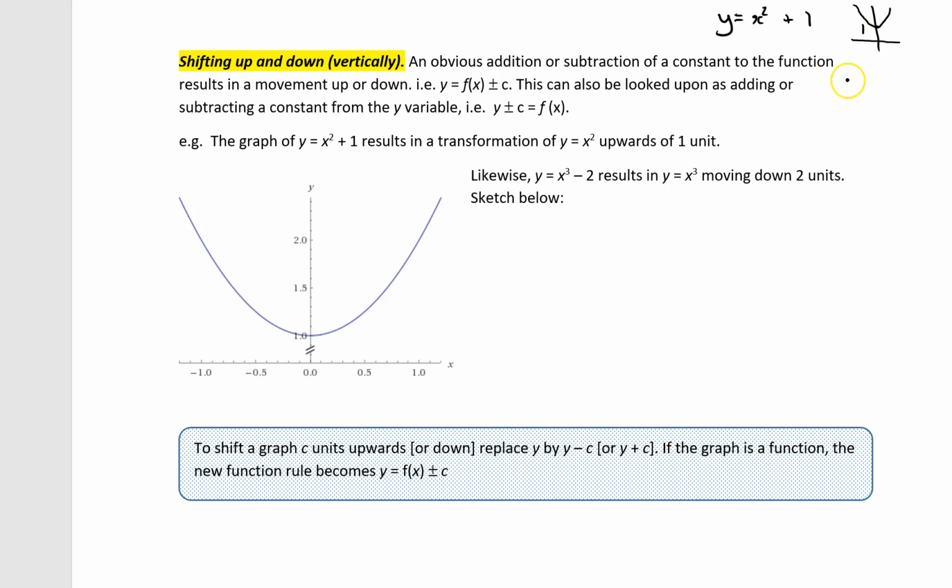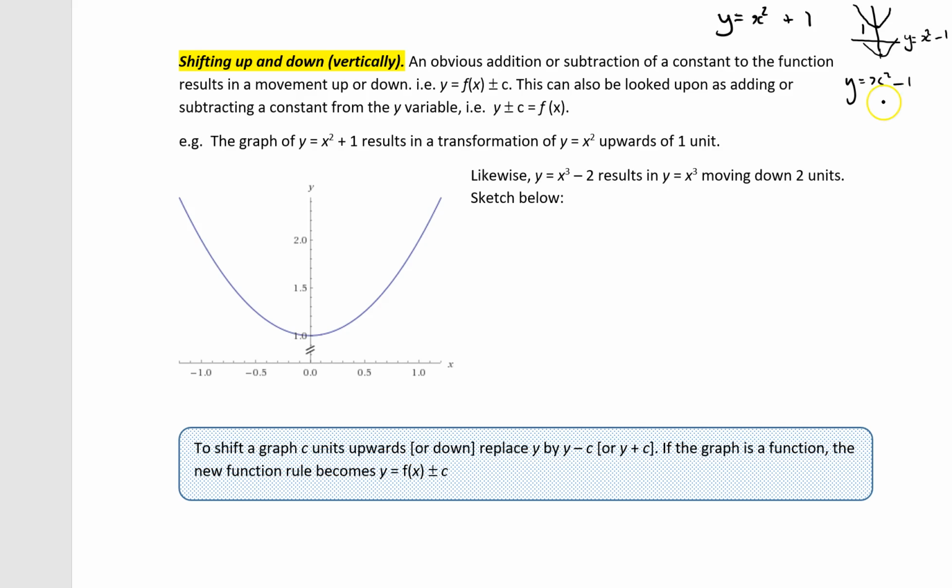If you were to then sketch y equals x squared minus 1, you know that pushes it down 1 unit, and so you've got this one, y equals x squared minus 1. So adding a constant on here or subtracting it here will push the graph up or push the graph down.